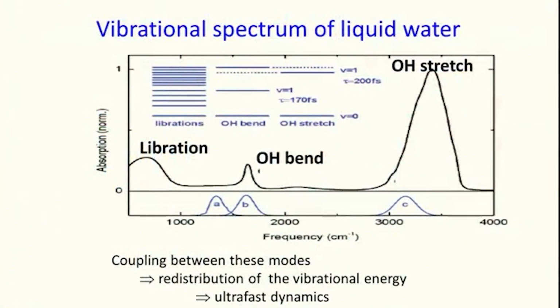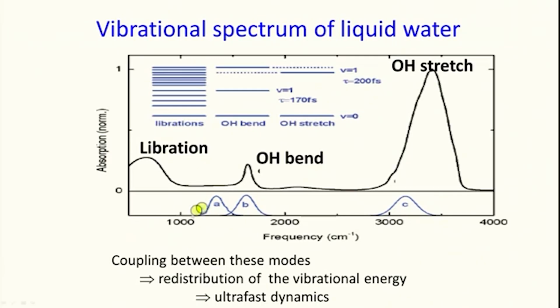So, here goes. What is the meaning of 2D IR spectroscopy? Before that, let me remind you of something that we had studied about 10-12 modules ago. We had talked about the vibrational spectrum of liquid water, and we had said that when we talk about liquid water, the molecules are all associated to each other by hydrogen bond.